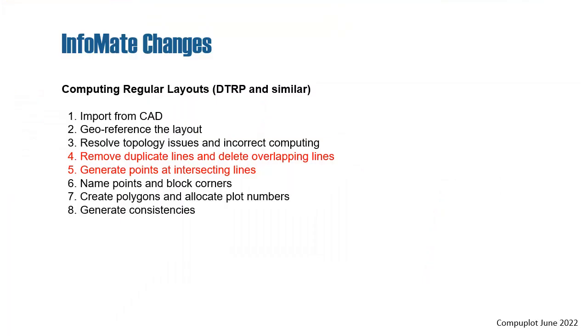So the next step is to remove duplicate lines and delete overlapping lines, and then to generate points at intersecting lines. This is necessary as during the course of creating the layout in CAD, there may be duplicate lines created.